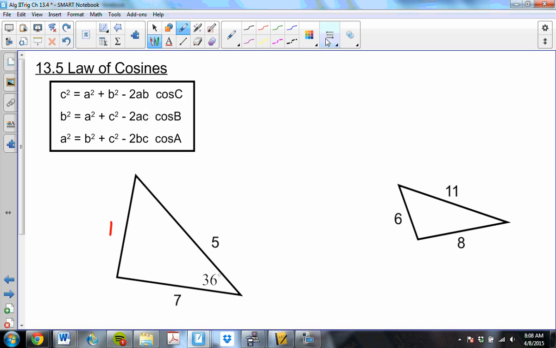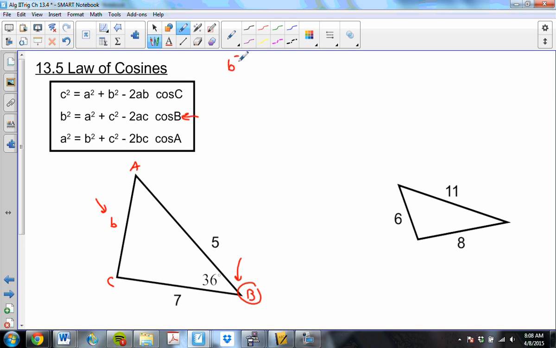It doesn't really matter what I call these. So I'm going to call this A, B, and C, which makes this side B right now. Since I have angle B and side B, I'm trying to find side B while working with an angle B, and I'm going to use this version here. Not that it matters, but if you want to think of it that way, you can.